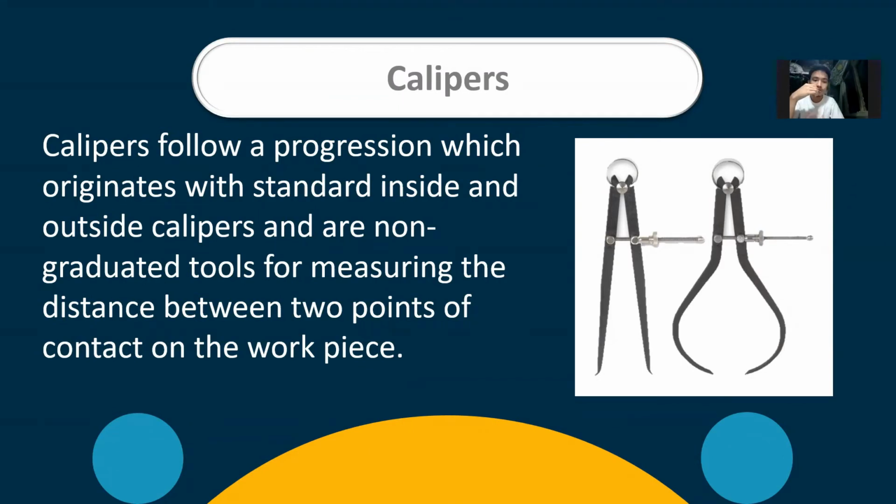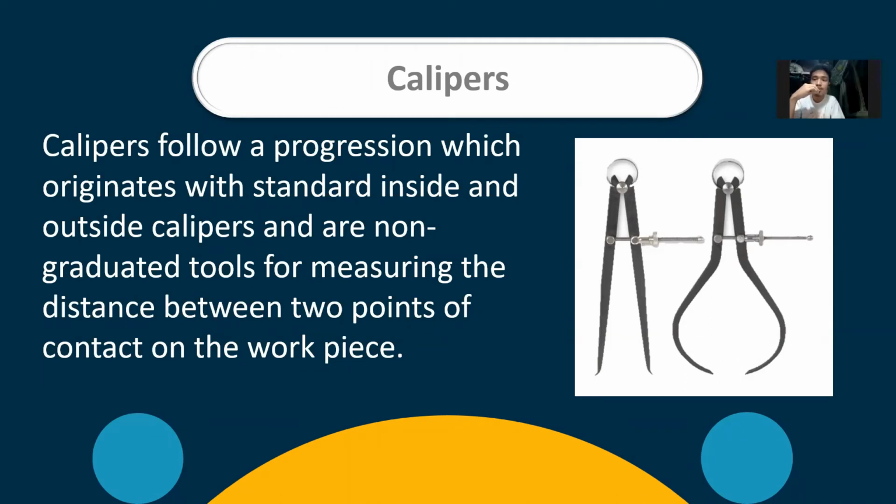So, first type of the non-graduated tools are the calipers, which follow a progression which originates in standard inside and outside calipers and are non-graduated tools for measuring the distance between 2 points of contact on the workpiece. So, ito namang calipers, kung makikita niyo sa picture is wala siyang measurement.